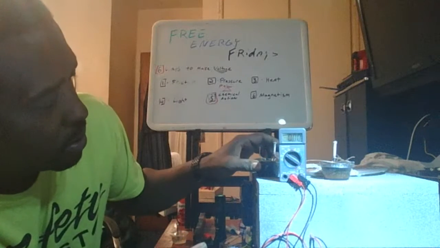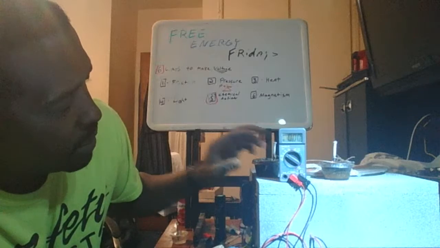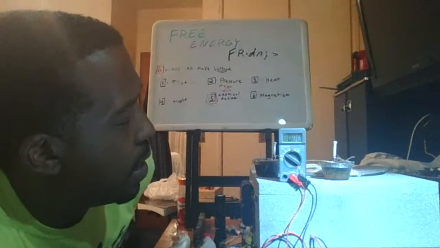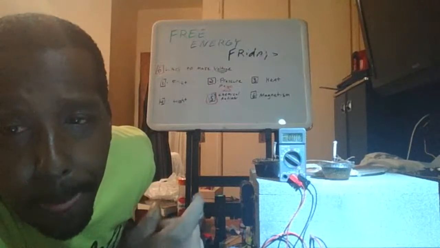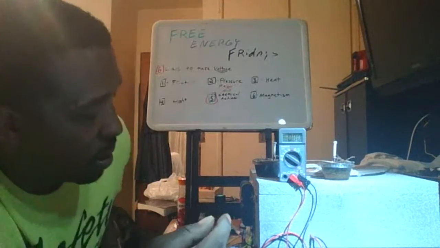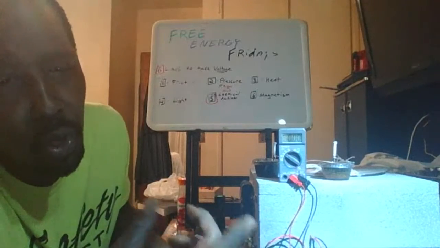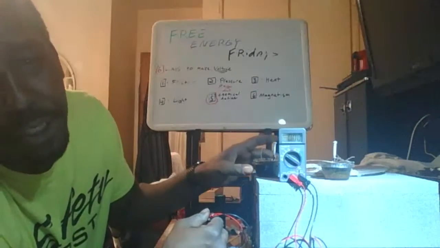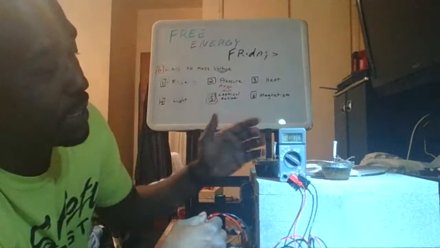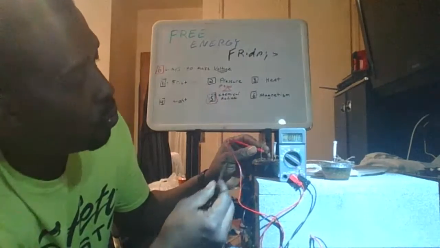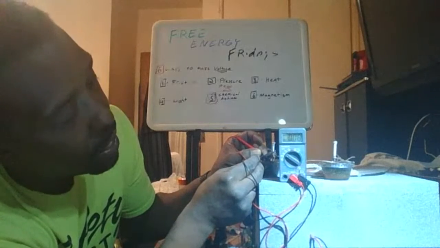And what we did was I added some salt and some vinegar to the solution to put different types of chemicals inside this action, because remember, a battery is chemical action. There's an action going on. So let's see what we get by doing that.